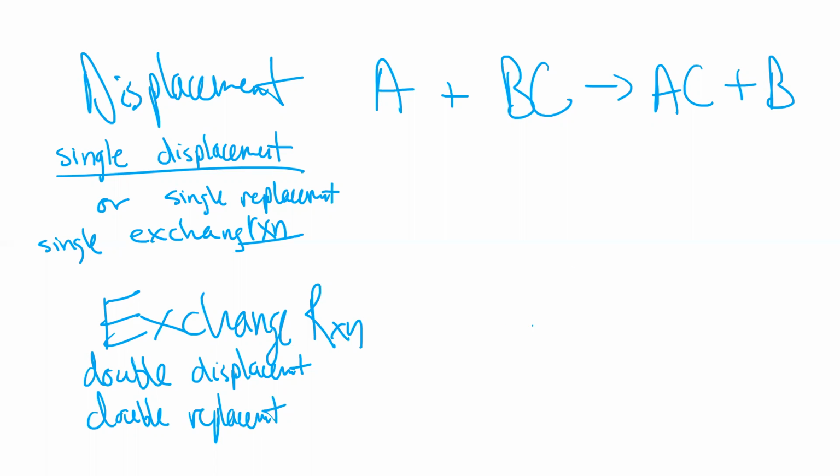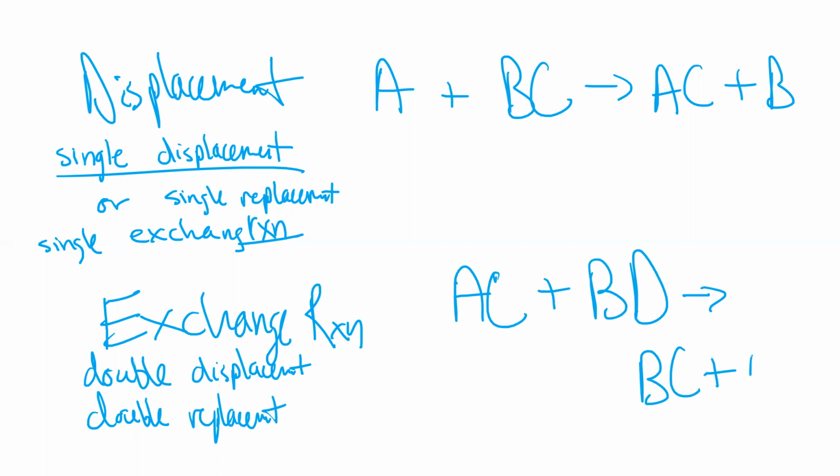Okay. This looks like AC plus BD, giving you BC plus AD. This is a cation, anion, cation, anion. They're exchanging dance partners, if you will.